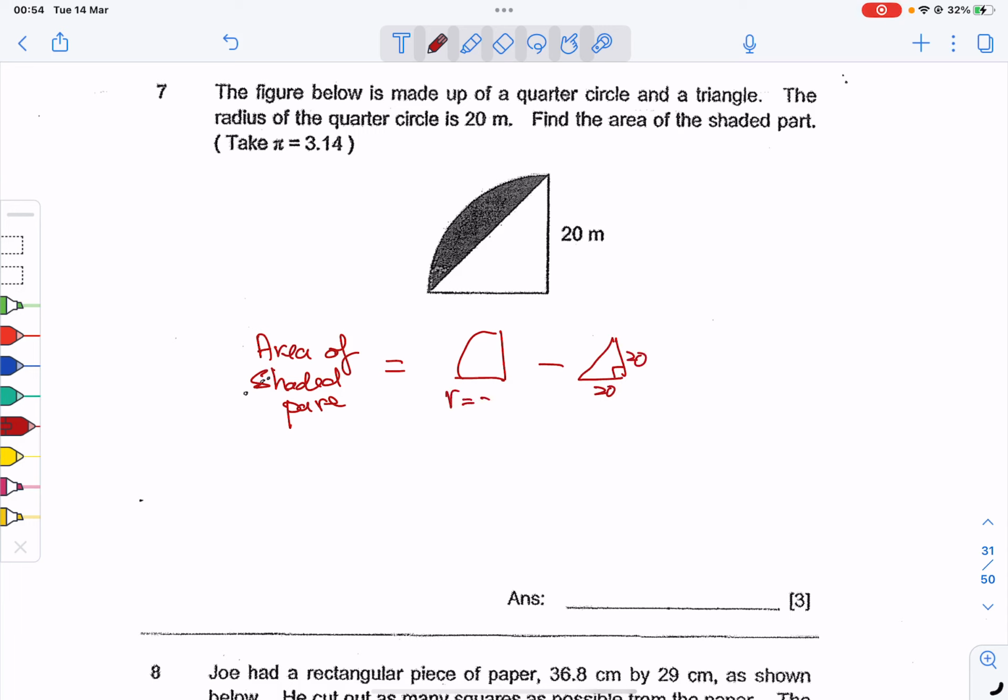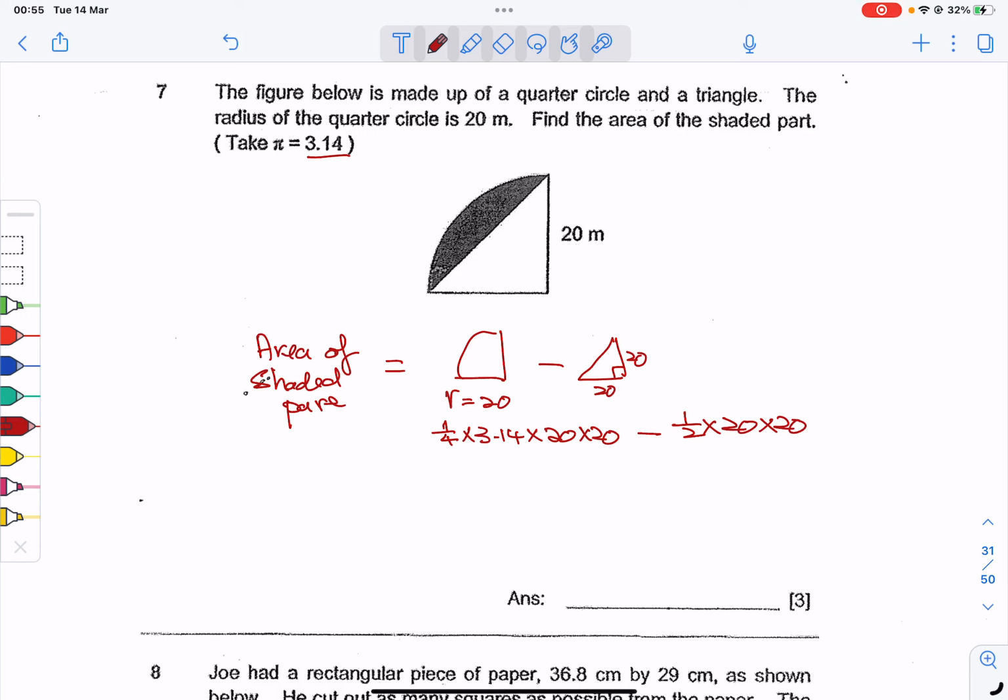This is radius 20. So what we can do is we can say this is 1/4 times pi, which is 3.14, times radius times radius, minus away the triangle, which is half times 20 times 20.